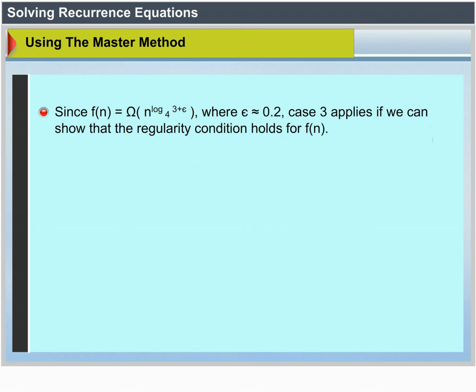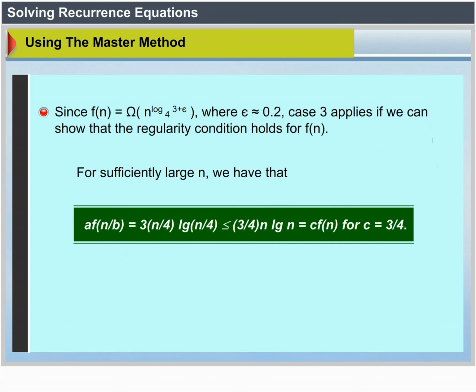For sufficiently large n, we have a f(n/b) = 3(n/4) log(n/4) less than or equal to (3/4) n log n = c f(n) for c = 3/4. Consequently, by case 3, the solution to the recurrence is T(n) = theta of n log n.